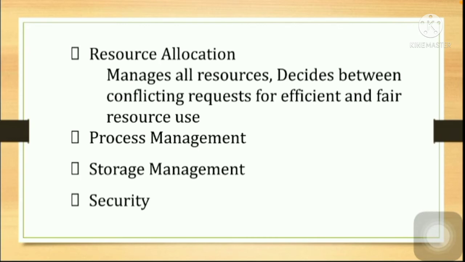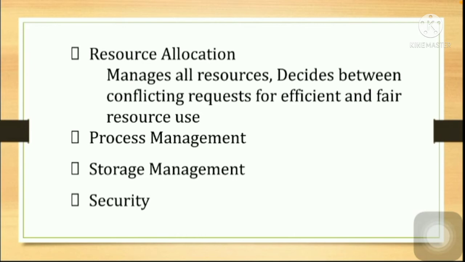Next, process management. If there are multiple processes, for example, on your system you have opened the text editor, also you have opened the VLC media player, and on the other hand you are using a game application, that means multiple processes are opened.